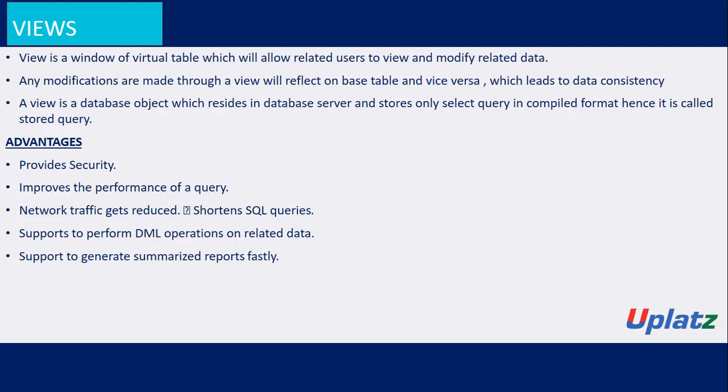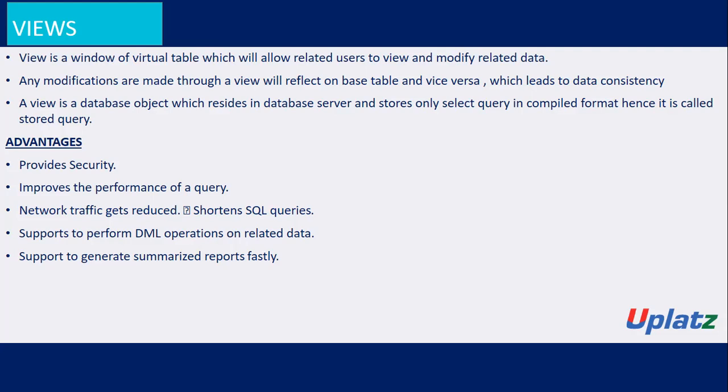And then we modify the data. That is, we pick the columns that are required for generating the report or any other kind of task. So that is why a view is a window of a virtual table which will allow related users to view and modify related data.